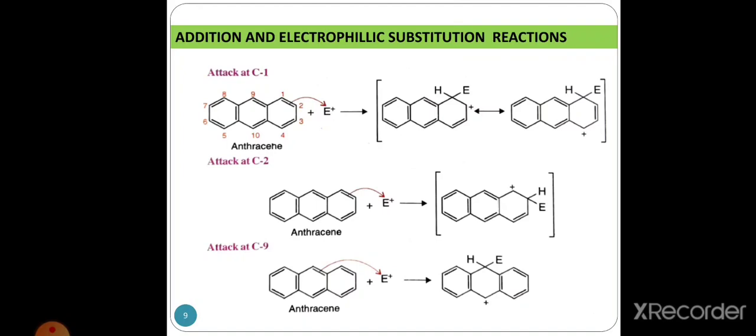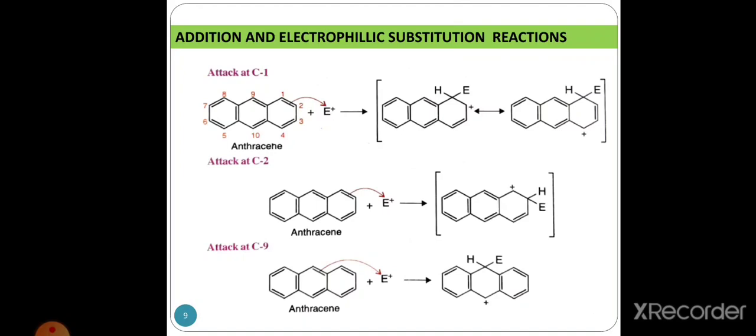Attack at C9 yields a carbonium ion intermediate in which two benzene rings are retained, whereas attack at C1 or C2 yields an intermediate product in which a naphthalene system is retained.